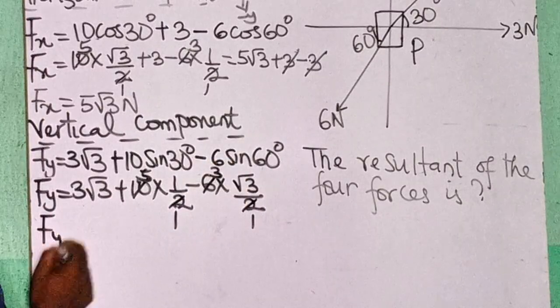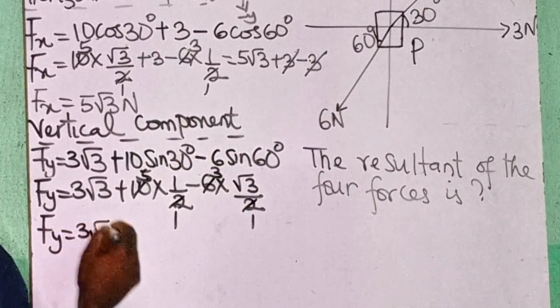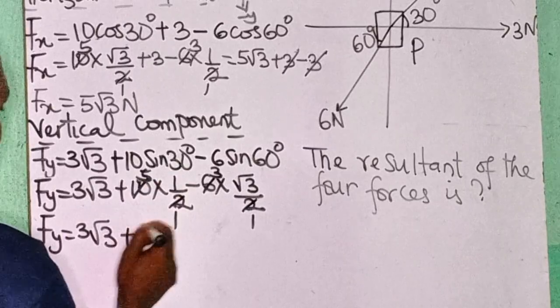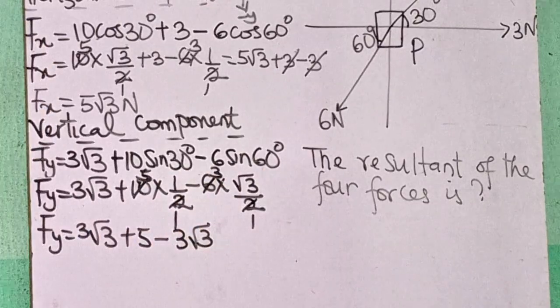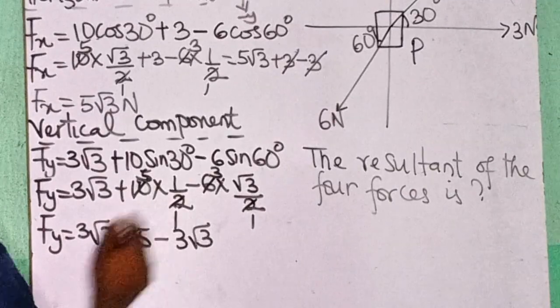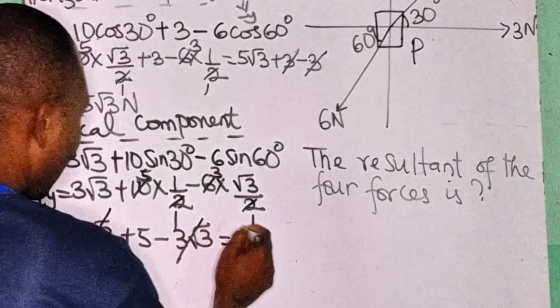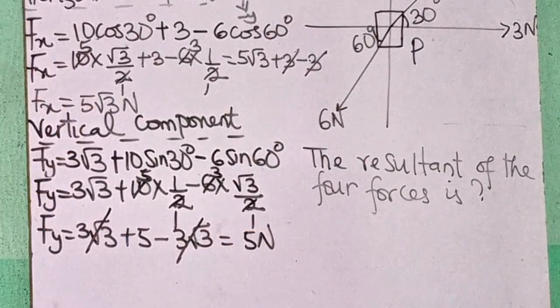So Fy equals 3√3 plus 5 minus 3√3. The 3√3 cancels, so my answer is 5 Newton. Is that clear?